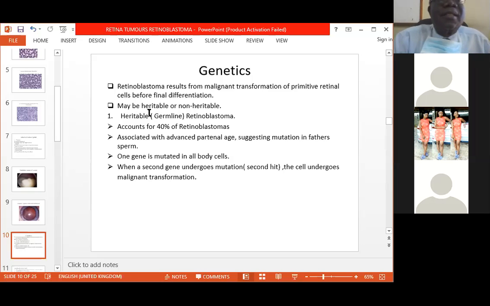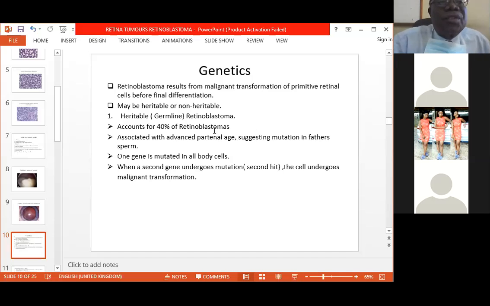The other thing is, this tumor may be inherited or non-inherited, what is called heritable or non-heritable. Heritable germline retinoblastoma accounts for 40% of retinoblastomas. In other words, 40% of retinoblastomas are inherited. 60% are not inherited, but sporadic. They've just occurred.